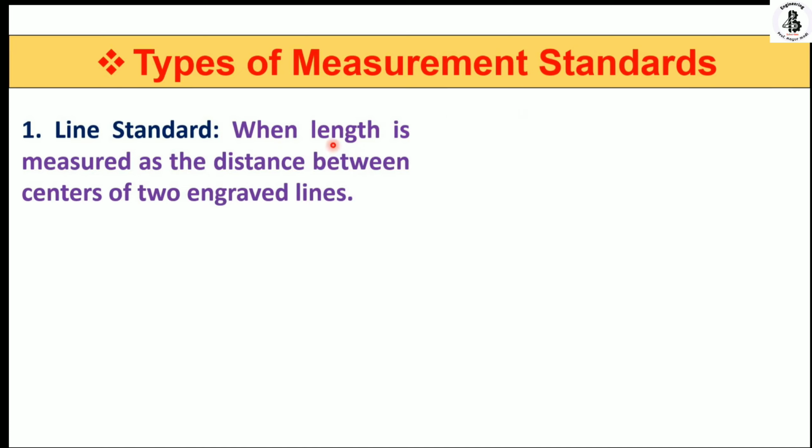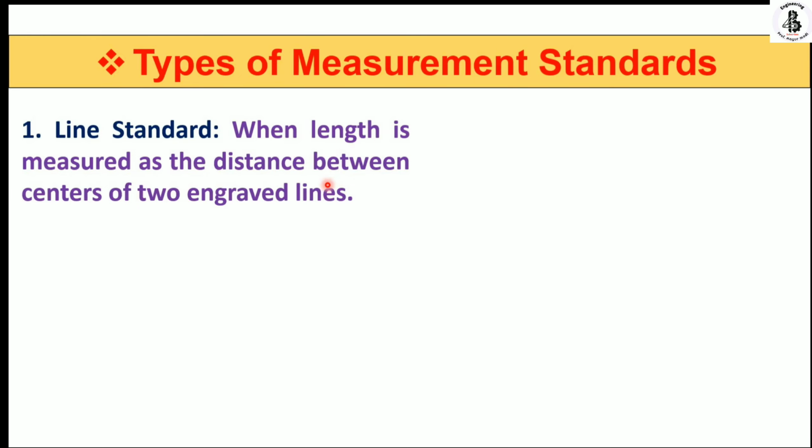Then, let's concentrate on the types of measurement standards. The first one is the line standard. In the case of the line standard, length is measured as the distance between the centers of two lines.